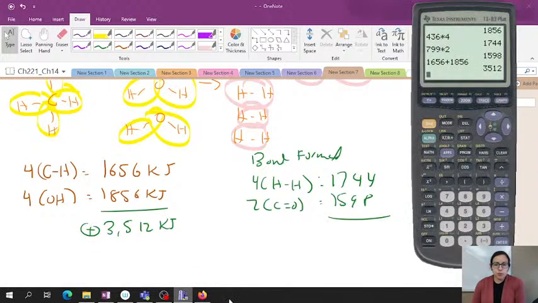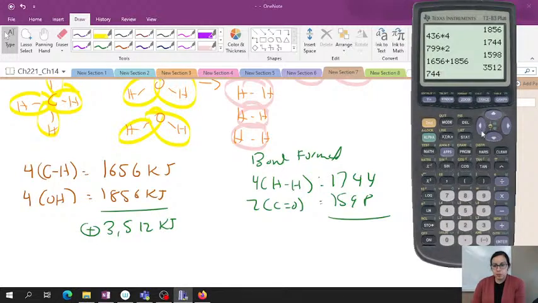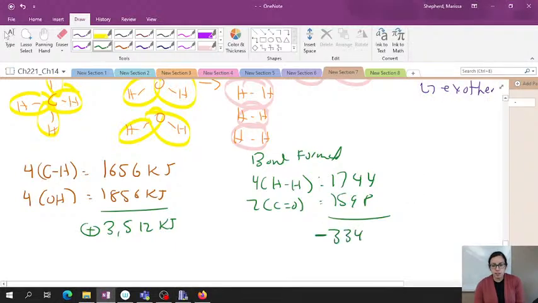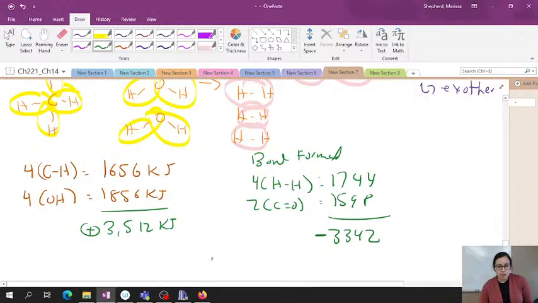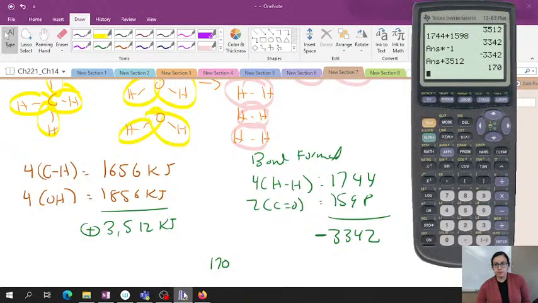And then bonds formed, 3342 out, so that's a negative since it's bonds formed, so we get that energy back. Now let's just add them. And so I get 170 then. Wait, why did you subtract? Last time I subtracted them because I added a negative.